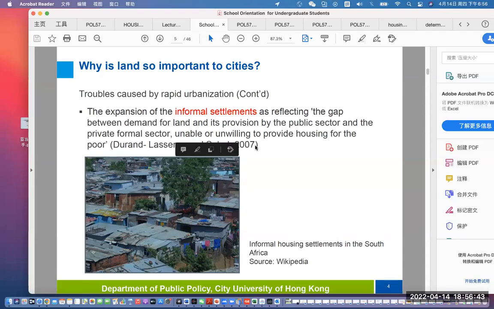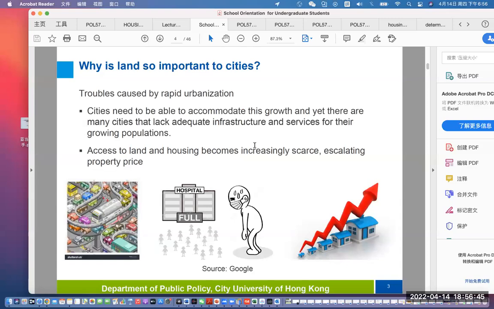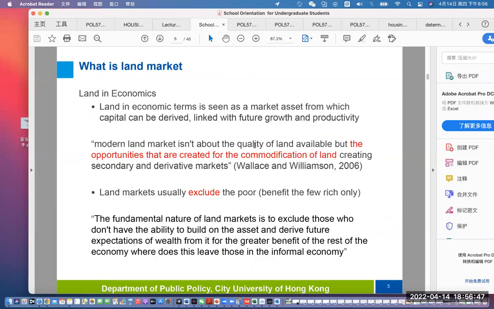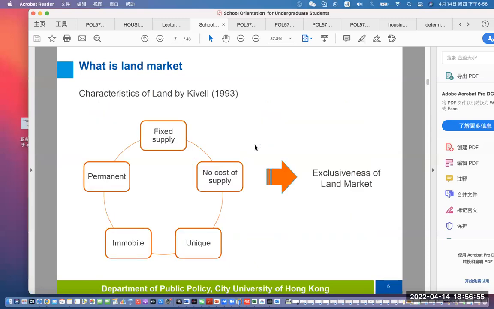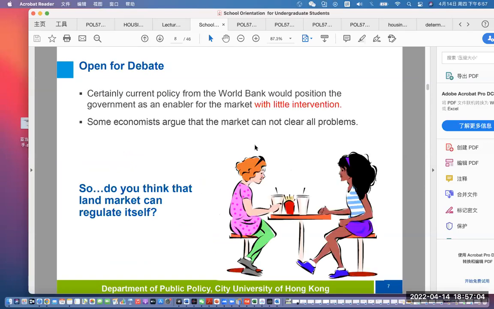And then here he shows why it is, a lot of the original reason why it leads to the ambiguity of land. And then from the land market, from Cavill in 1993, that leads to the exclusiveness of the land market, right?